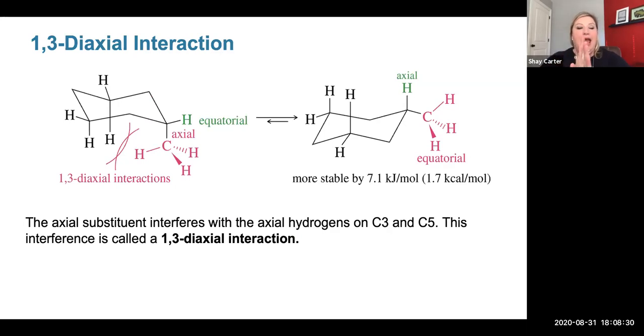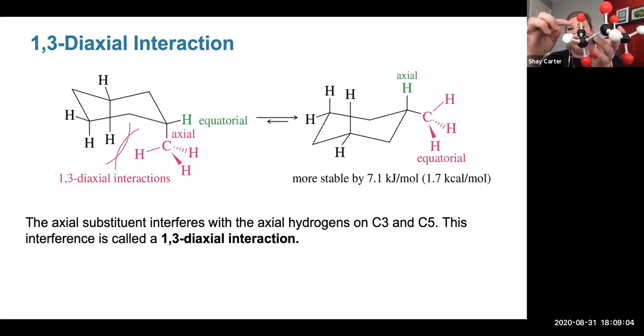When we have an axial substituent that interferes with axial hydrogens, we call these 1,3 diaxial interactions because they're one carbon apart. So when we have these interactions here, these are going to interfere with each other.